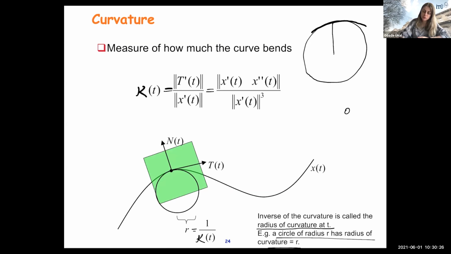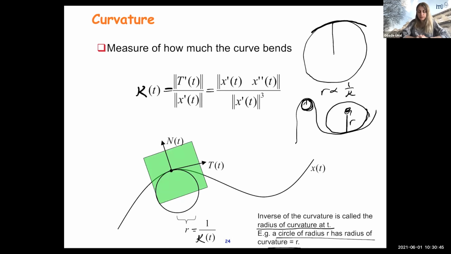Small circle. So similarly, actually, compare these two. I can fit a circle here, and I can actually fit a large circle, a small circle, a large circle here. So this R, you see, is inversely proportional to kappa, the curvature. Okay, this is called the radius of curvature.